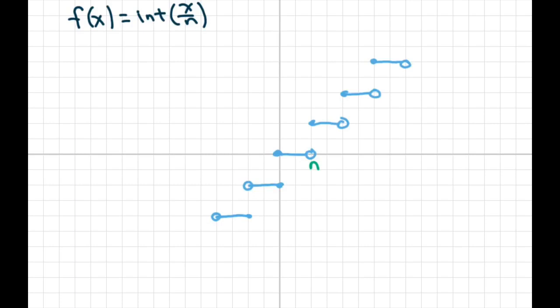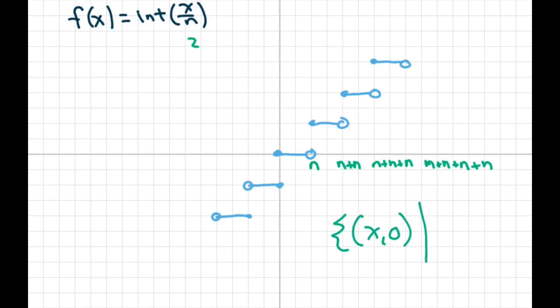So if this is n, say this was 2, this would be 2, then you double it. So this is just n plus n, and this would be n plus n plus n, and this would be n plus n plus n plus n, and so forth. So that doesn't really help, but basically your x-intercept would be x comma 0, and then you write such that x is in between 0 and n. Alright, domain and range all stays the same.